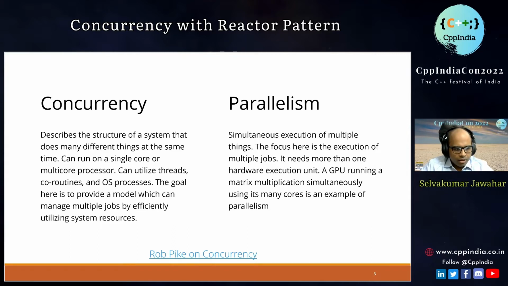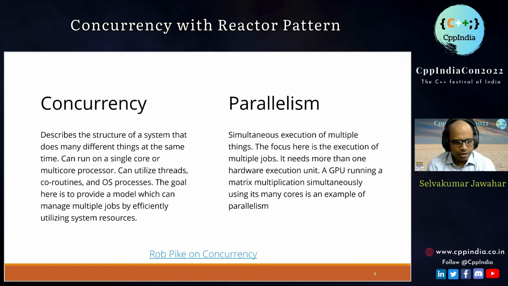You can handle all of it concurrently while doing some image processing, which is running some parallel algorithms. So concurrency defines the structure of the system to run multiple things at the same time, and parallelism is the execution of multiple things.